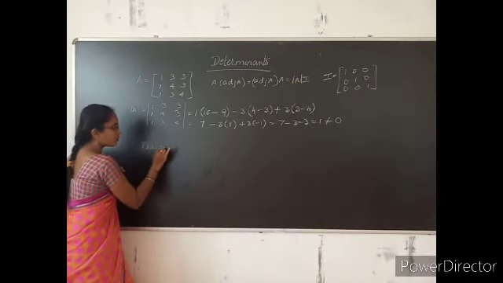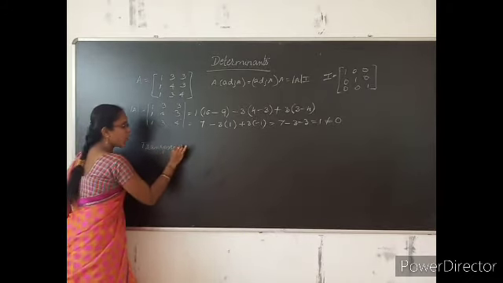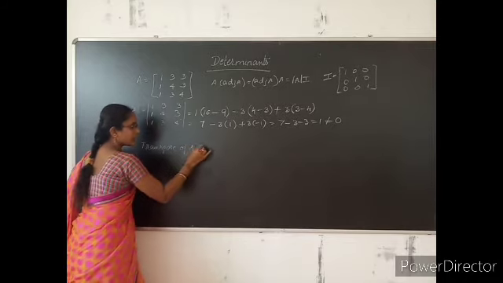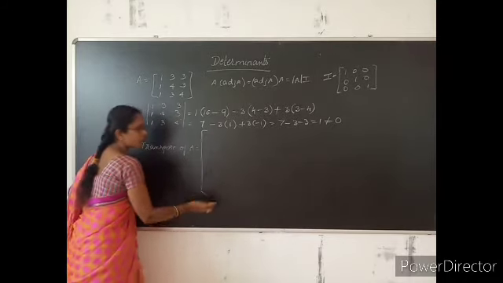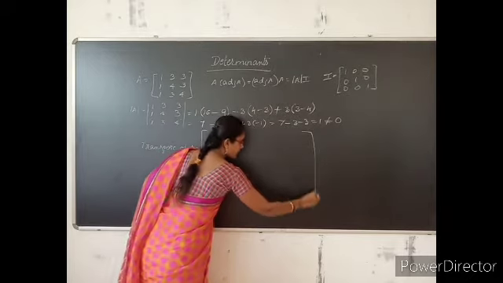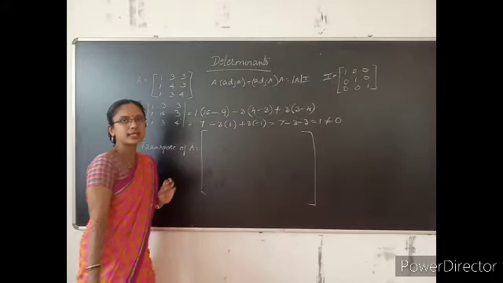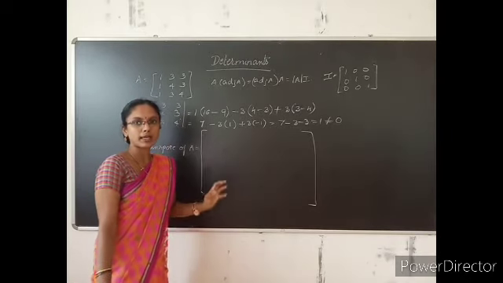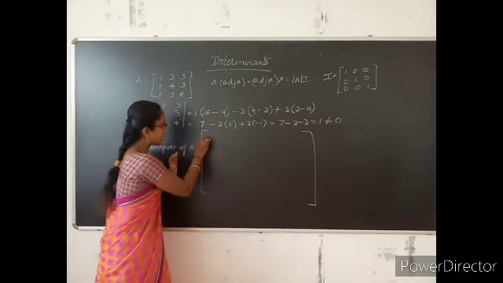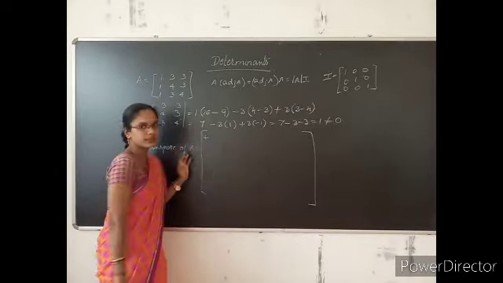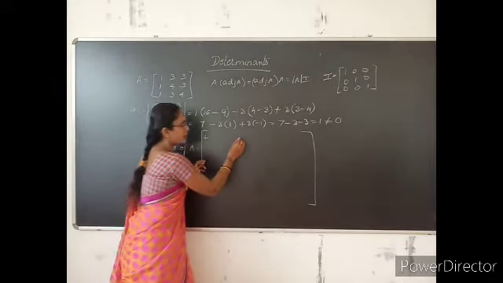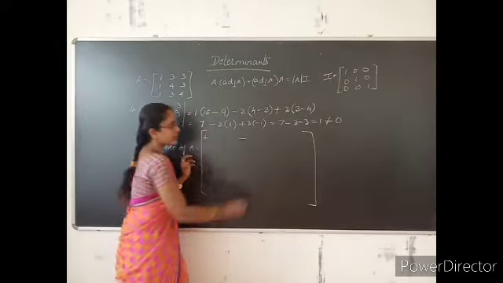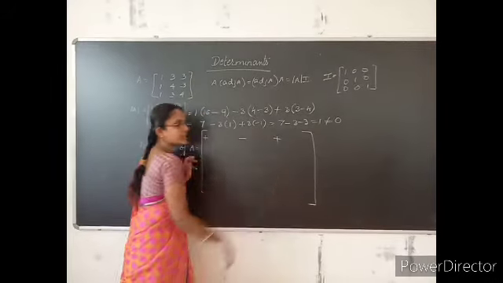So the transpose of A is this one. Usually if you use the minor concept, the first entry is always plus, this is always minus and this is always plus.